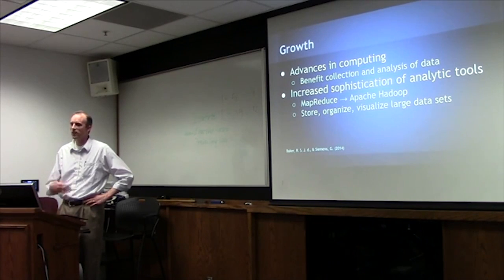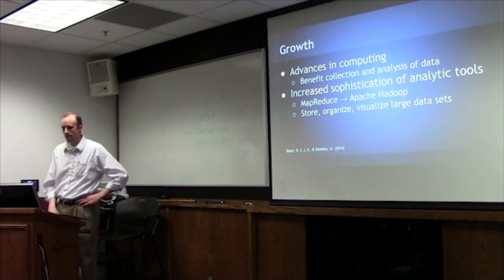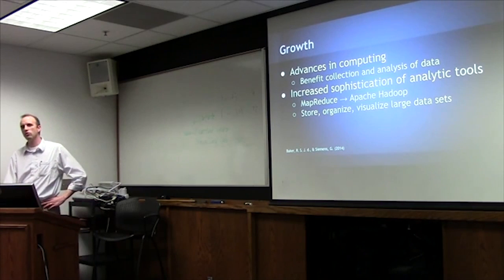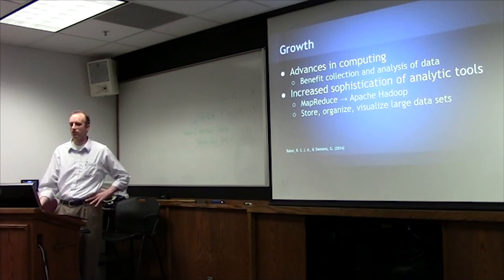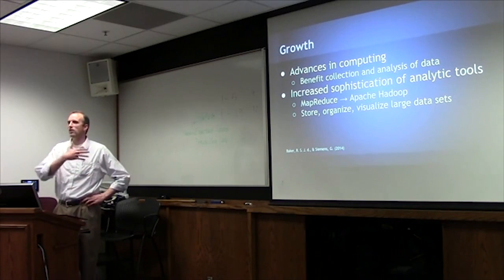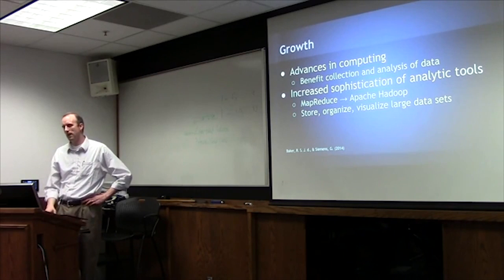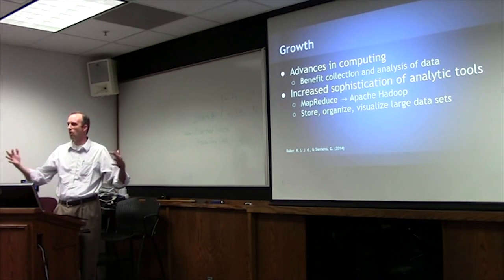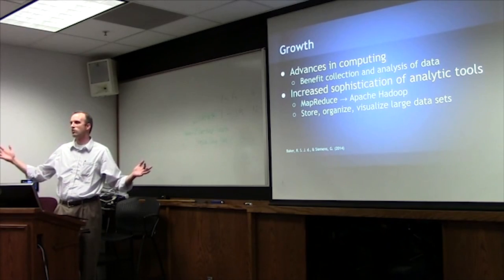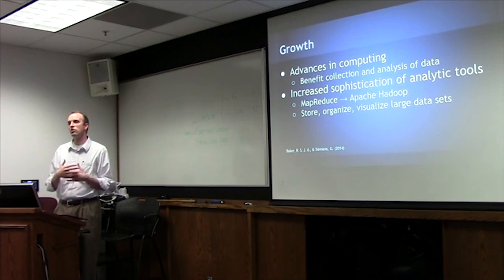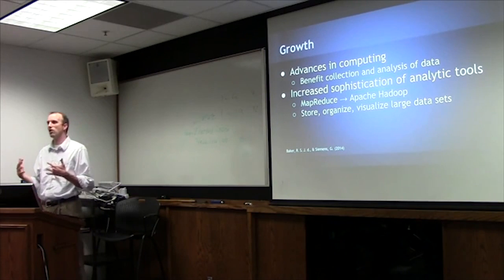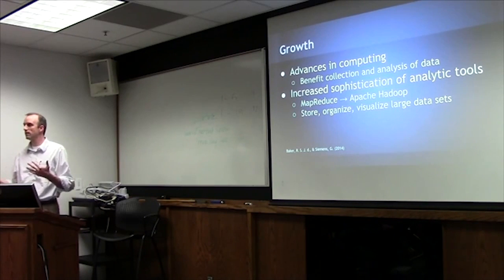And then there's the sophistication of analytic tools. MapReduce was developed at Google to handle some of these very, very large data sets. And that spawned another creation called Apache Hadoop, which also handles some of this very large data storage and analysis on relatively cheap hardware, which was the other idea: they wanted to be able to manage all of this data relatively inexpensively.